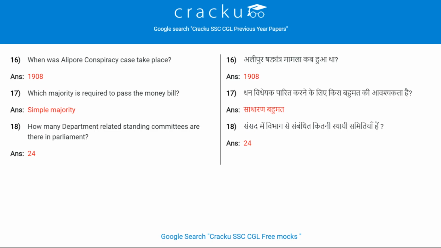When did the Alipore conspiracy case take place? 1908. Which majority is required to pass the money bill? Simple majority. How many department related standing committees are there in Parliament? 24.